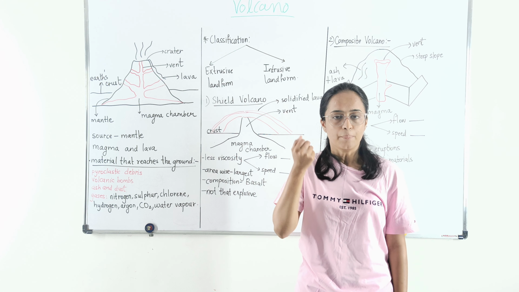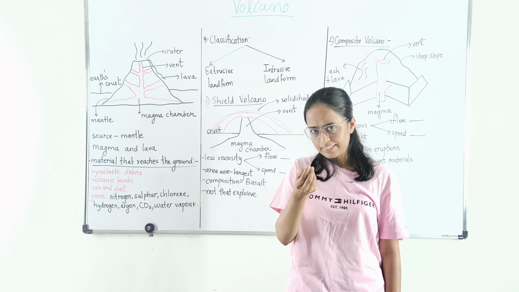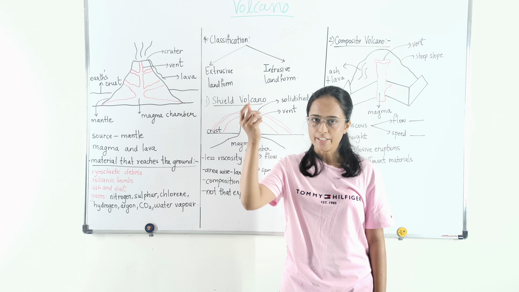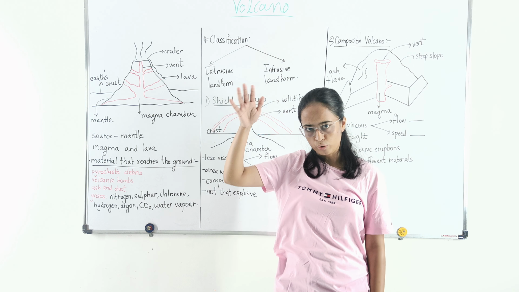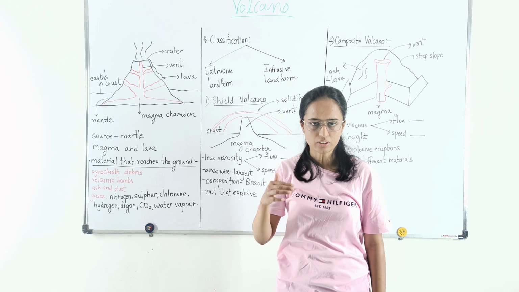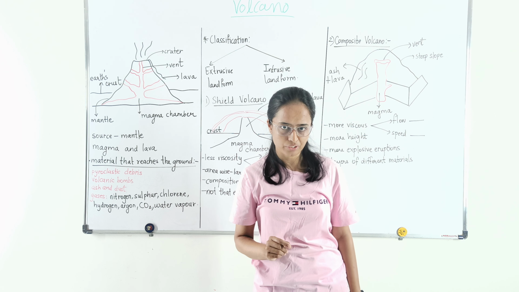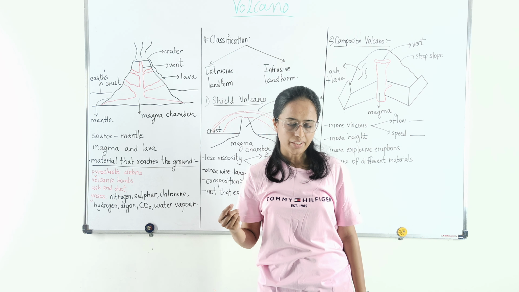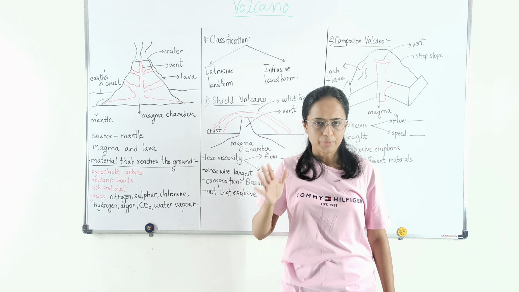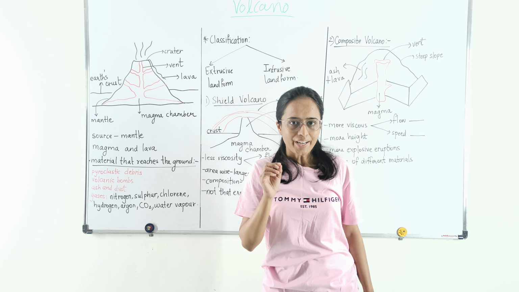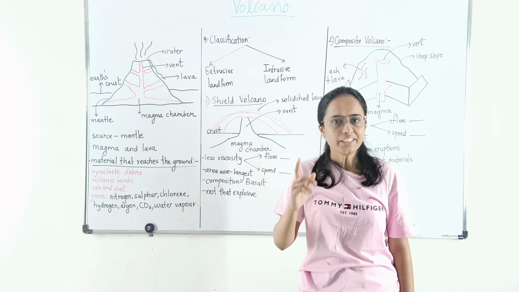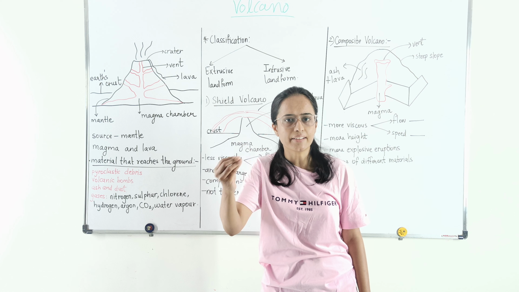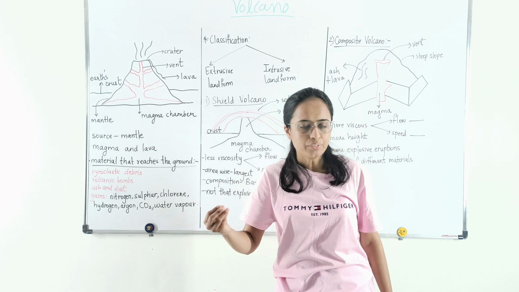Let's say you have water and you have honey, and you try to pour both of these on a slanting surface. Of course water is going to reach the end point of the slanting surface first, whereas honey is going to reach later. Why is that so? That is because honey is more viscous, it is thick in nature.